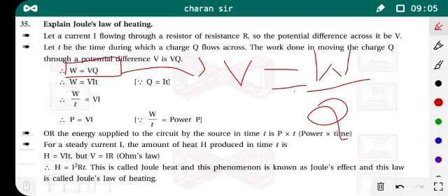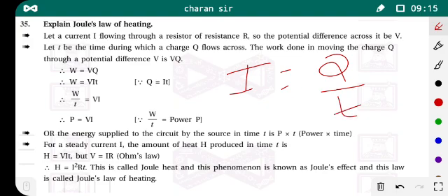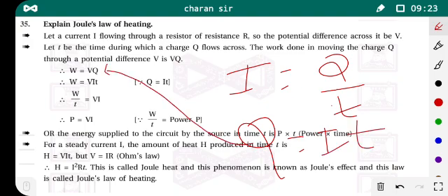So from this we can find the work done: W is equal to V into Q. But we know that electric current I is equal to Q by T, so Q is equal to I into T. Put this Q value here, and you get W is equal to V I T.